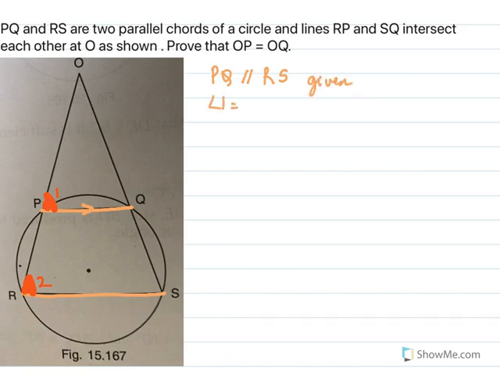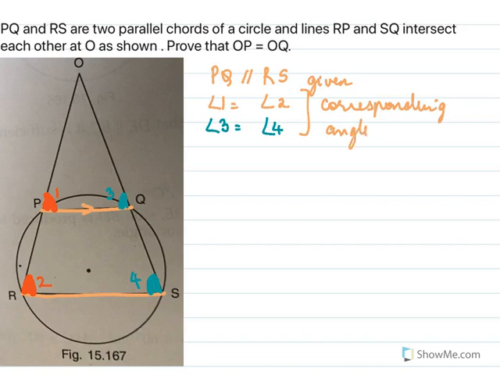So angle 1 equal to angle 2, corresponding angles. And even this angle will be equal to this angle. So I'll have now angle 3 equal to angle 4, and the reason is corresponding angles. So these were the properties on parallel lines.